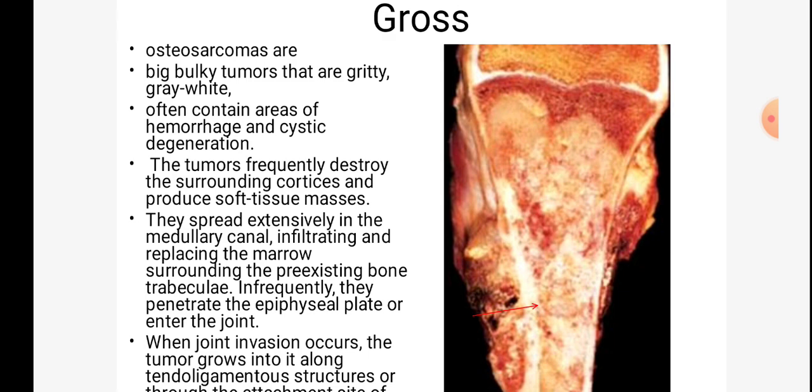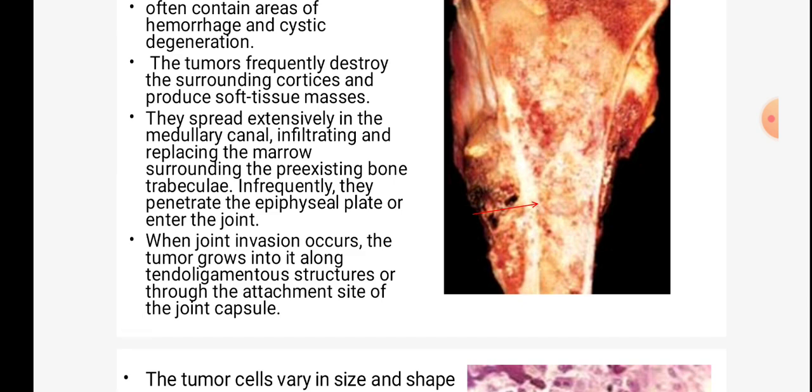They spread extensively in the medullary canal, infiltrating and replacing the marrow surrounding the pre-existing bone trabeculae. Infrequently, they penetrate the epiphyseal plate or enter the joint. So when joint invasion occurs, the tumor grows into long tendoligamentous structures or through the attachment site.